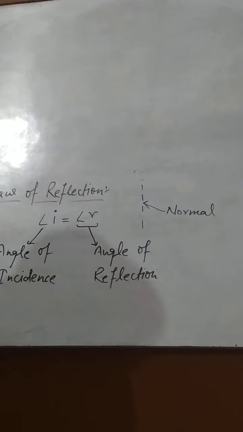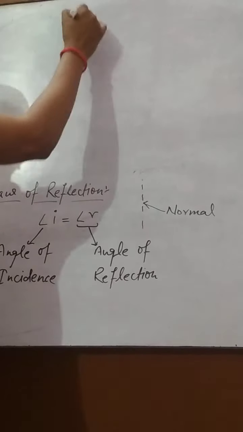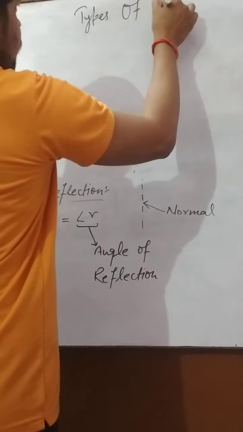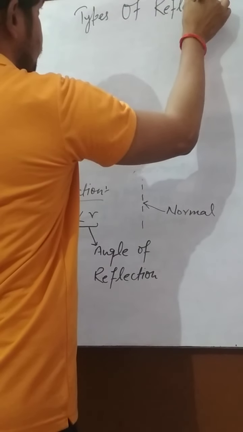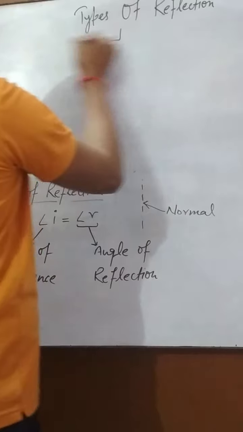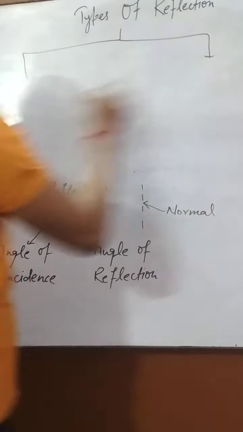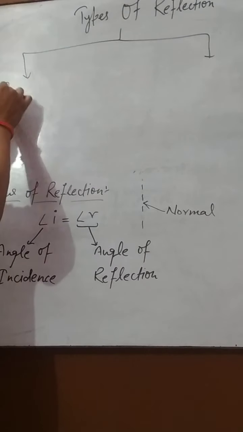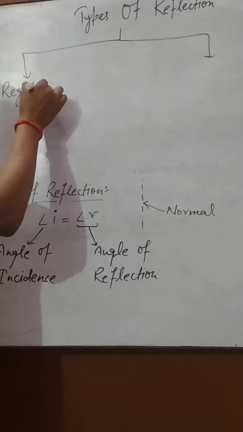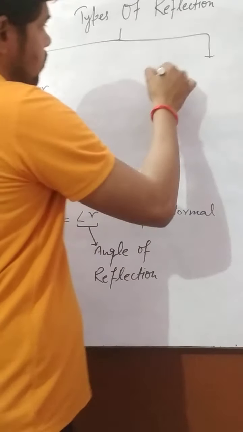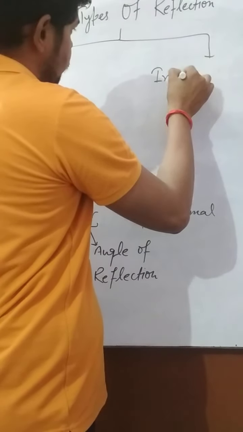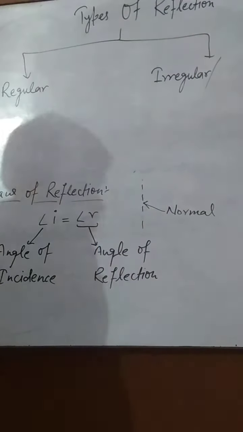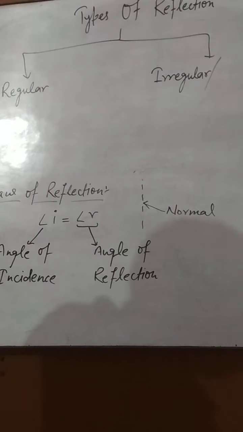There are two types of reflection. The first is regular reflection, and the second is irregular. Irregular also has another name, which you will tell me.